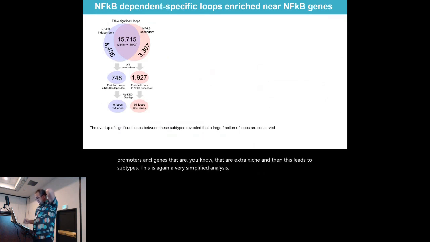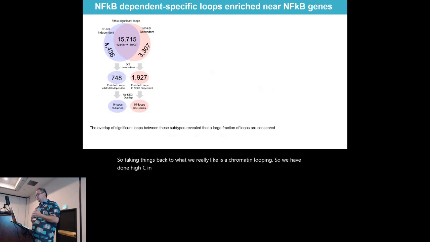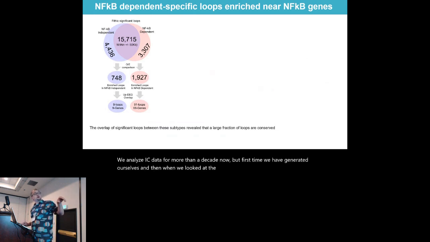So, taking things back to what we really like, which is chromatin looping. We have done Hi-C in these 10 donors or so. We analyzed Hi-C data for more than a decade, but this is the first time we have generated it ourselves. And then we looked at the looping differences between the two subsets.